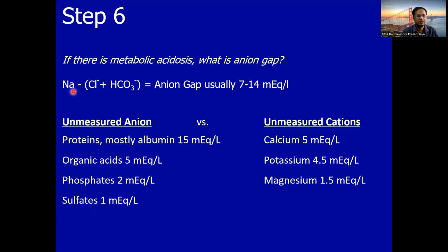That is, we are taking the difference between sodium minus chloride plus bicarbonate, because sodium represents most of the cations present in the blood, being a major contributor. And similarly, chloride and bicarbonate contribute the majority of the anions in the blood.